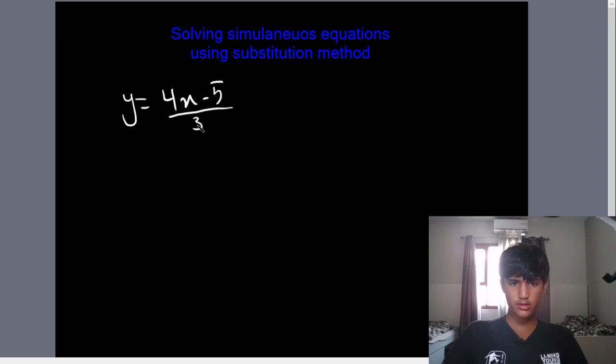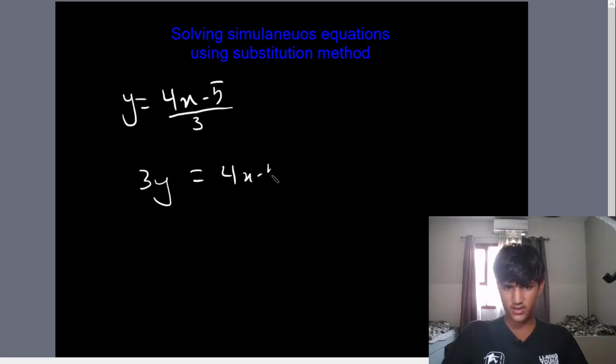So we're going to take 3 and multiply it with y, so we end up with 3y is equal to 4x minus 5. Okay, we're going to put the value of x.